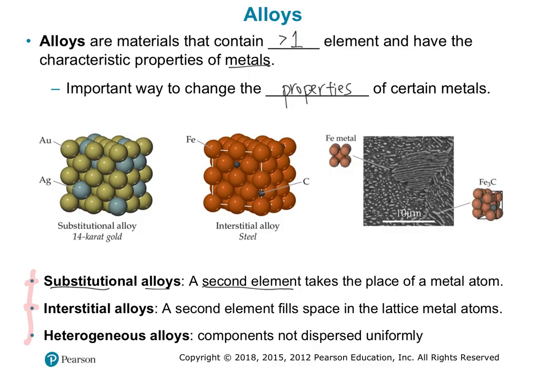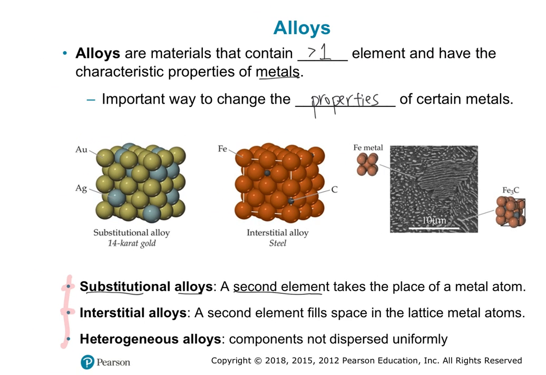Now, for this to happen, the atoms have to have similar sizes. So we would need to have 2 metals that have a similar size, similar radius, so that way it could easily be substituted. So gold and silver have similar radii to each other, and so they form a really good substitutional alloy in 14 karat gold.